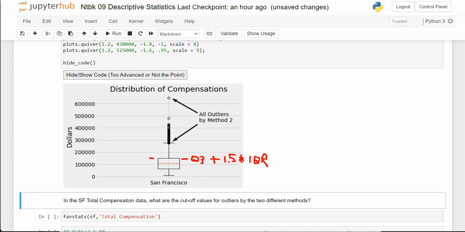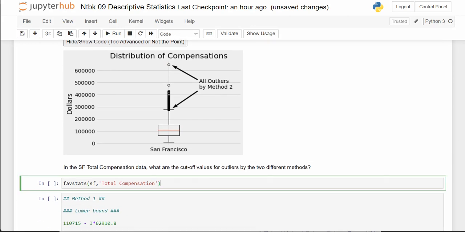Remember, the IQR is just the height of the rectangle, right? So I multiply that by 1.5 and I add it to Q3, and that's how I get what's called the upper fence, okay? And then anything that gets outside the fence, these are outliers. Everything above the fence is an outlier. So the upper fence is Q3 plus 1.5 IQRs. And again, the lower fence down here is Q1 minus 1.5 IQRs. That's how we determine outliers for the box plot.